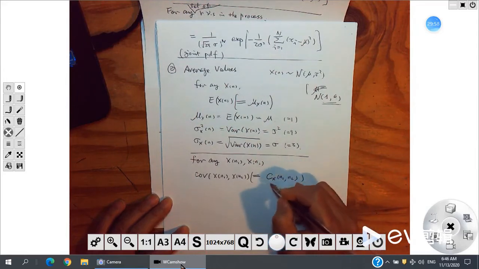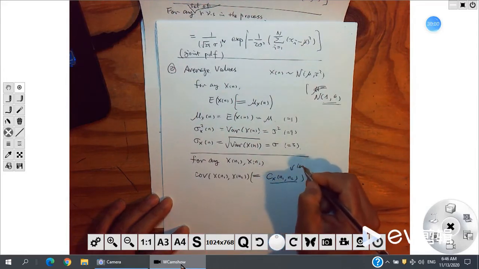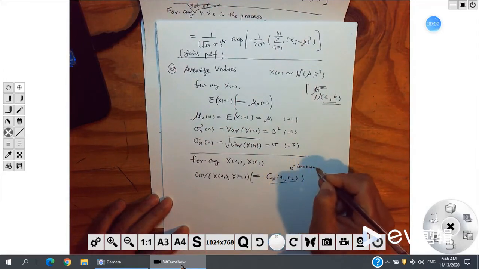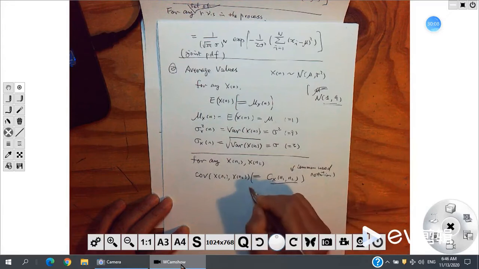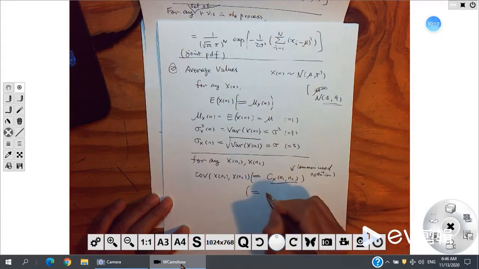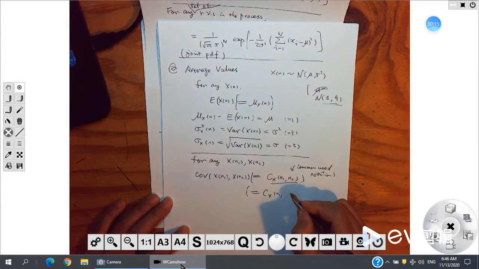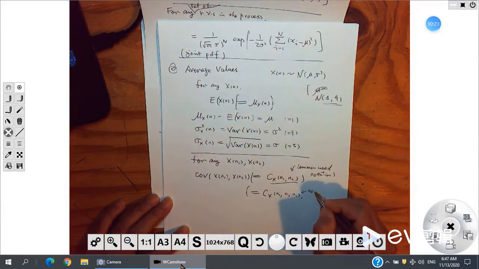This is common use. And here in our book we write in this way. This is n1, and this number will be the difference between these two, so that will be n2 minus n1. This is the notation in the textbook.